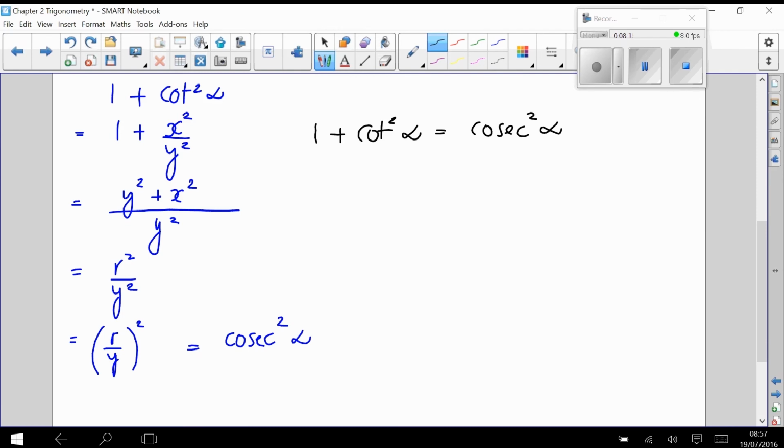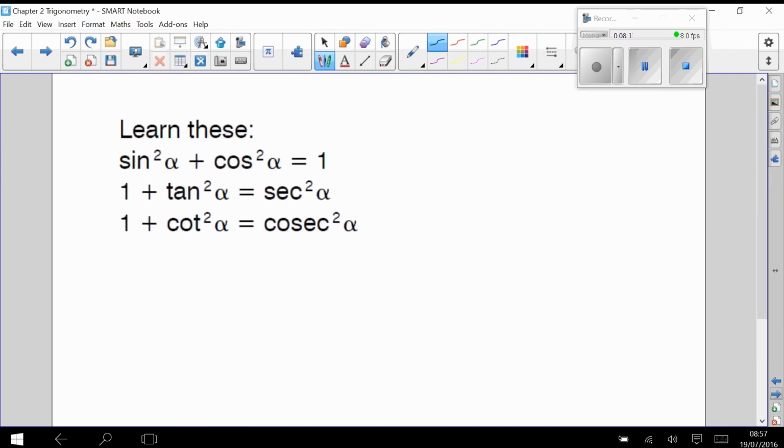In other words, there are 3 square identities that you have to learn very well. Sine squared alpha plus cos squared alpha could have been written as the number 1. 1 plus tan squared alpha could have been written as sec squared alpha, and 1 plus cot squared alpha could have been written as cosec squared alpha.